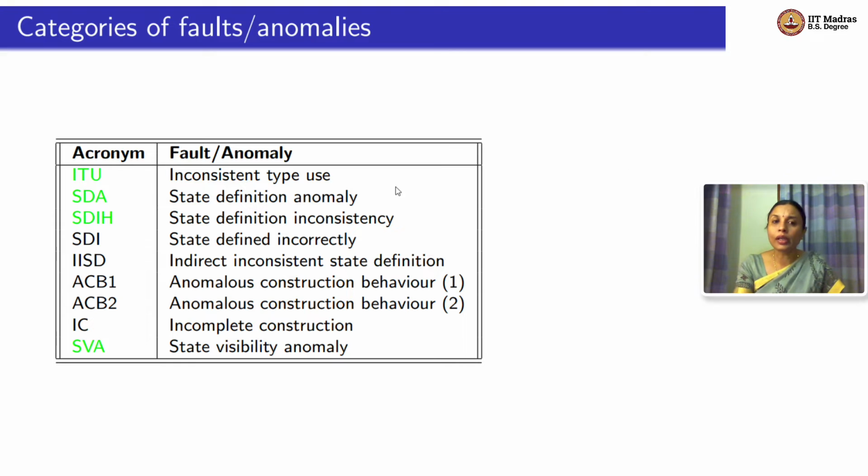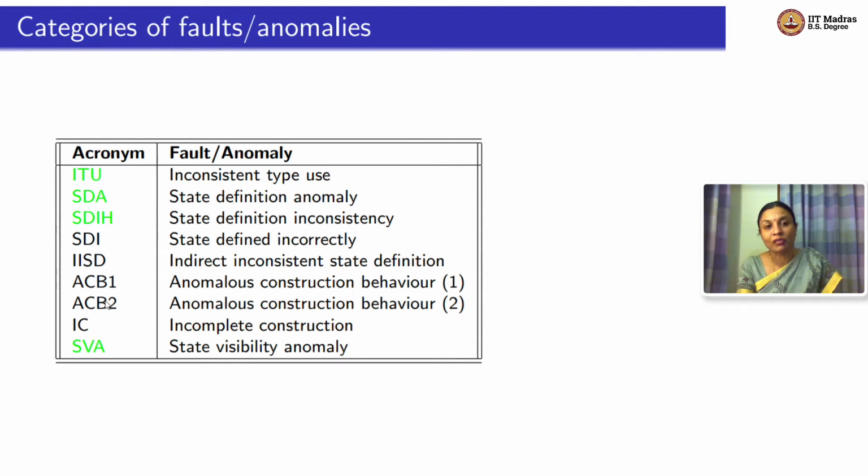So here is a full list of faults that are known to commonly occur in object-oriented programming for these features. Each fault has a name and an abbreviation, as we did for mutation operators. You need not worry about remembering the abbreviations.